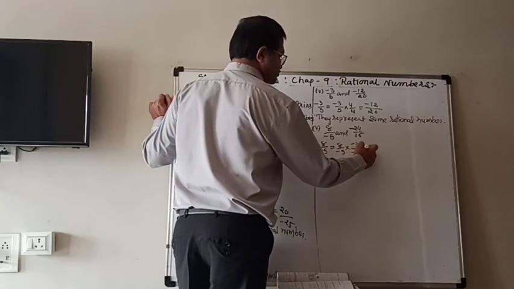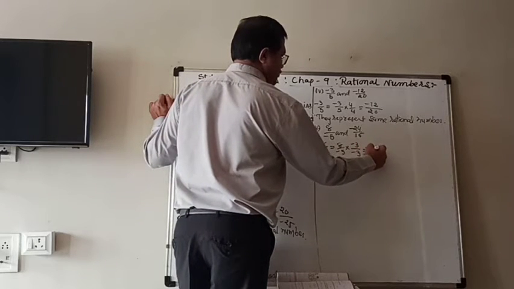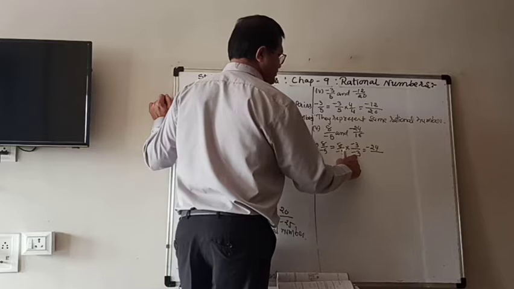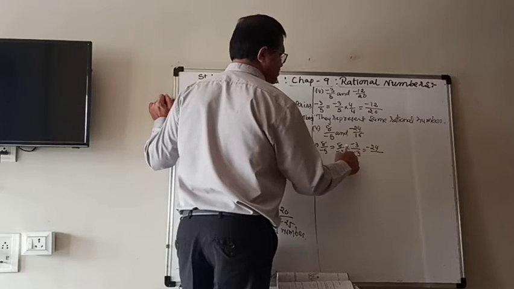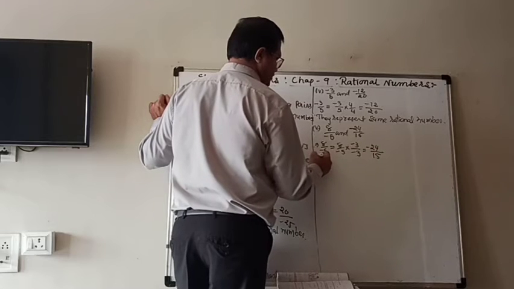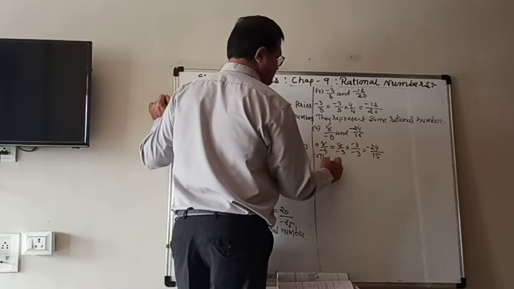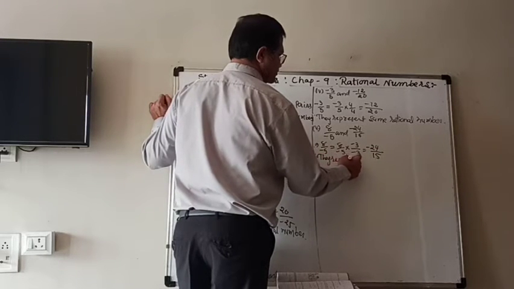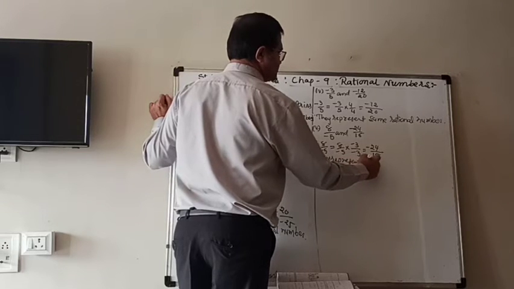So 8 3s are 24, it is minus 24 and minus 5 multiplied by minus 3, minus minus becomes plus, 5 3s are 15. So they are same, therefore they also represent same rational number.